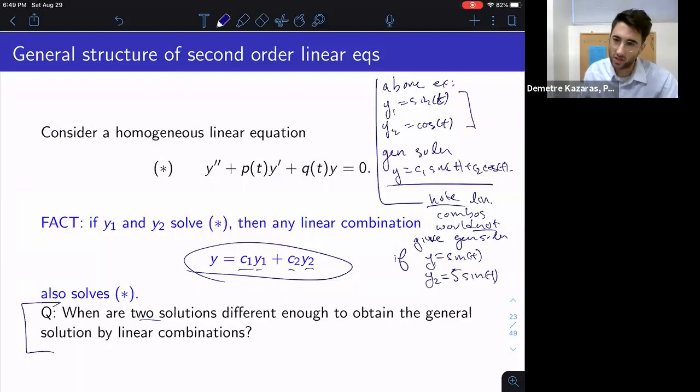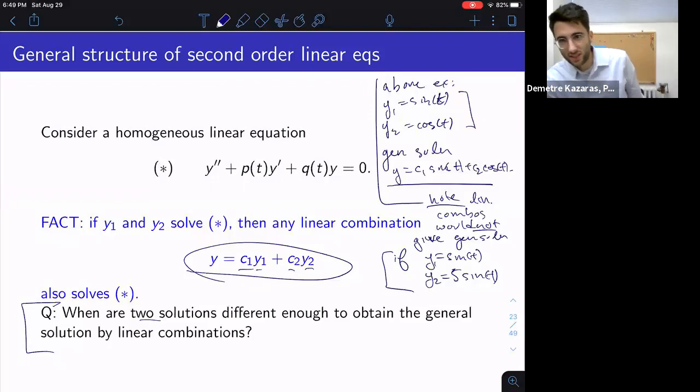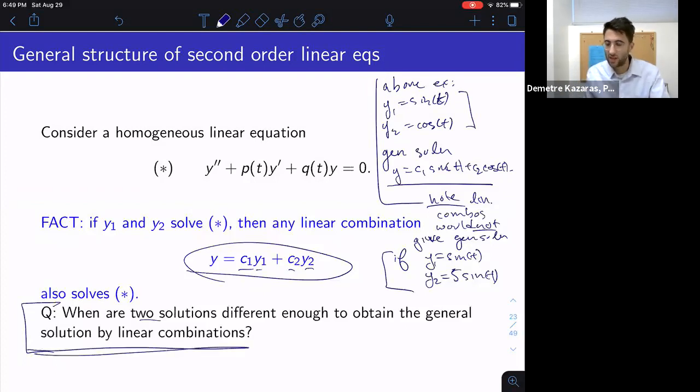Maybe that'll give me the general solution. Well, it won't work because they're basically the same function. You will never be able to get that cosine solution just from combining sine and 5 sine. Even though these two functions do solve the equation, they're somehow not good enough to give you the full set of solutions, the most general solution. So that's what I mean by this question. How do we know when we have a good collection of two functions that will give us the general solution through linear combinations?